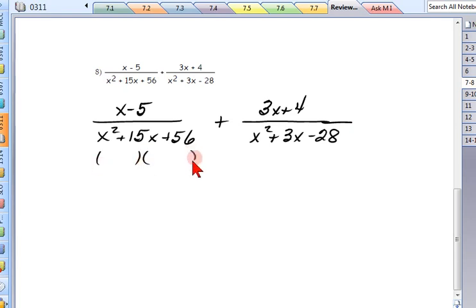The first one, how about x plus 7 times x plus 8? The second one has a minus 28, so I know it's going to have one plus and one minus. I need an x and an x. Factors of 28 that have a difference of 3, 7 and 4.